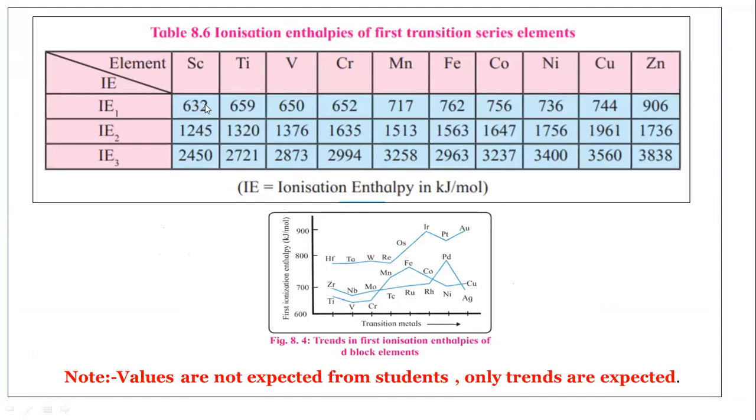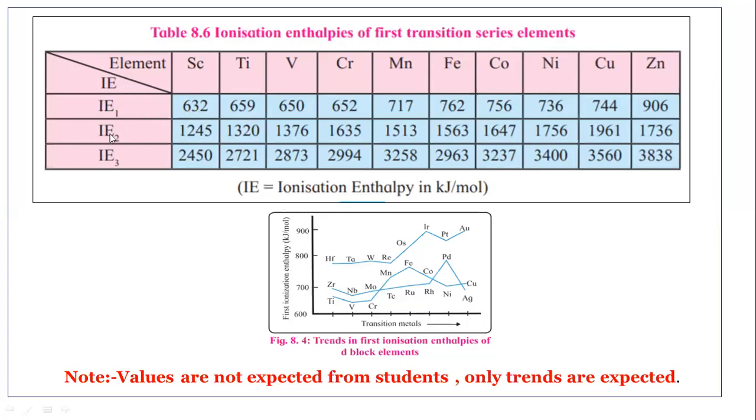Always, the first ionization energy values are less, as the amount of energy required to remove the second electron and third electron will be higher. So energy will increase because the stability will increase. We can see scandium values, I will explain here. In case of scandium, the first ionization energy, the amount of energy required to remove the first electron, is 632.